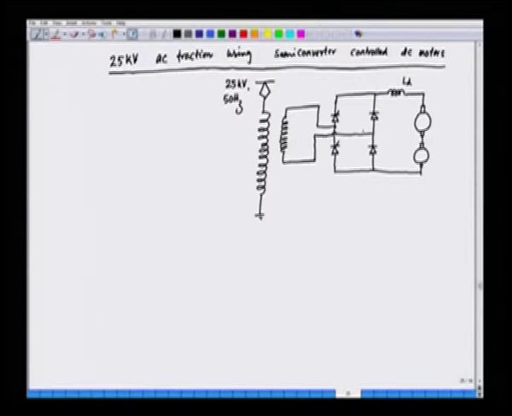What about the field winding? We have the field winding as well, so we have two field windings, and the field windings of this motor are fed again through another semi control rectifier.